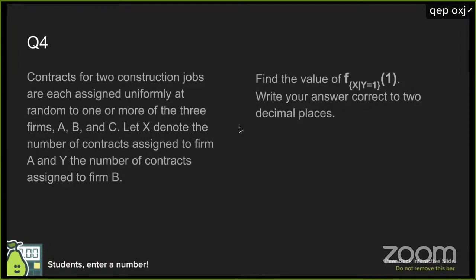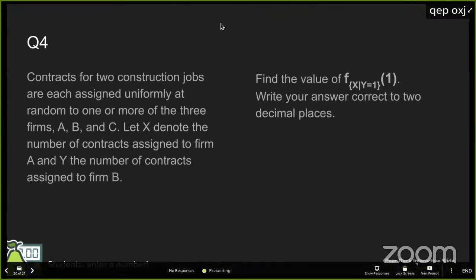Question 4: contracts for 2 construction jobs are each assigned uniformly at random to one or more of the 3 firms A, B, and C. Let X denote the number of contracts assigned to firm A and Y the number of contracts assigned to firm B. Find the value of the probability of X given Y equals 1. Either you can prepare a PMF table or find this value directly.